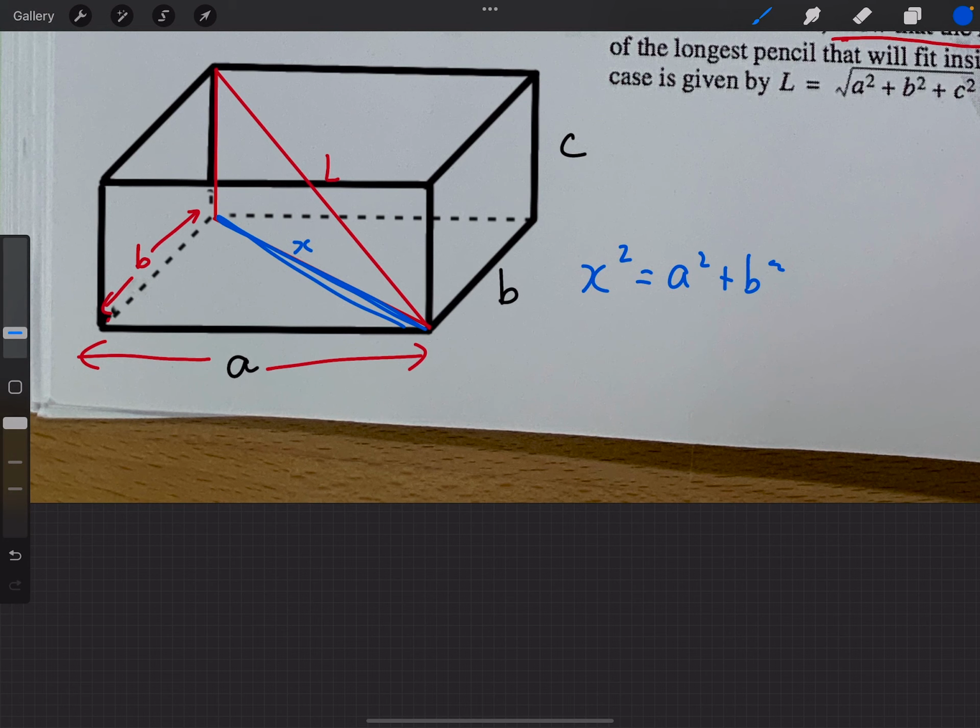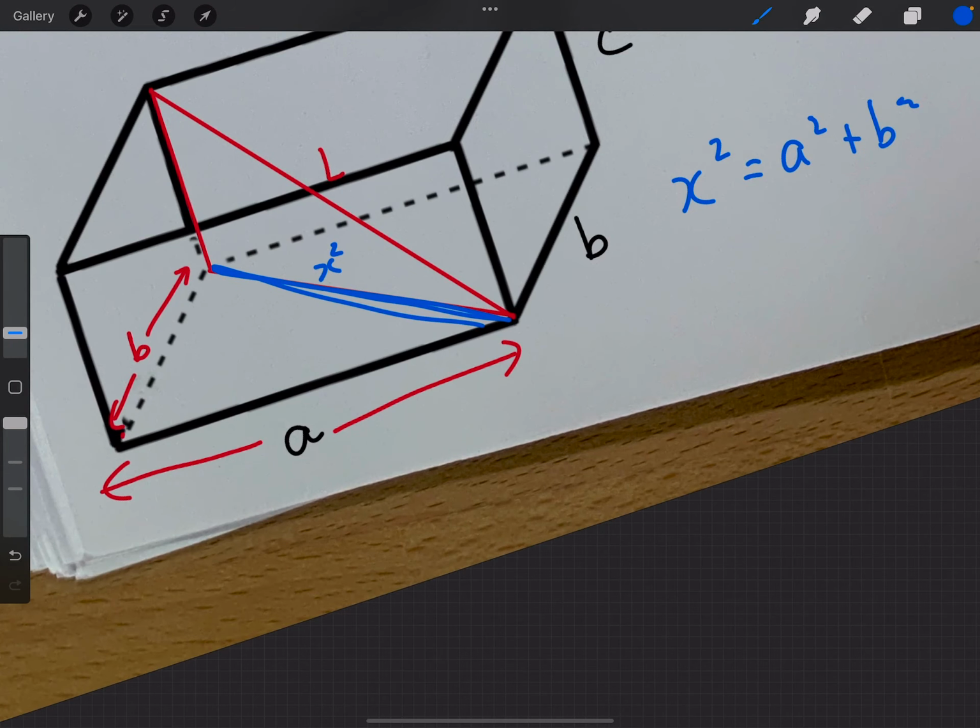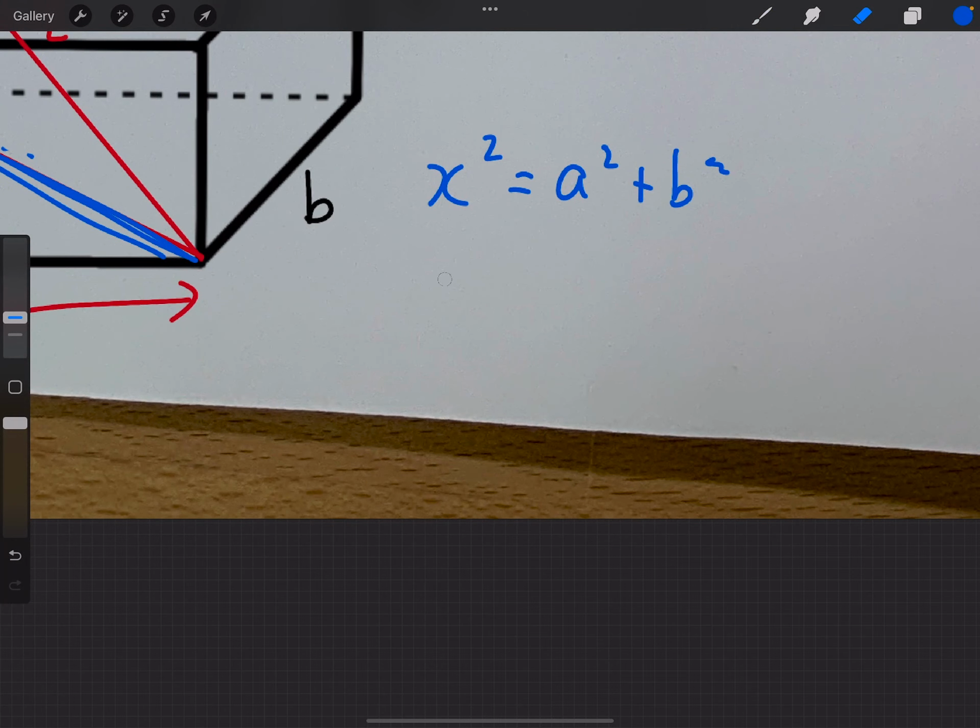Actually, no, that'll just be length x. I'll do it step by step so I don't confuse you. x is equal to the square root of A squared plus B squared.